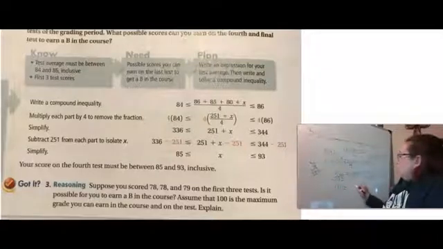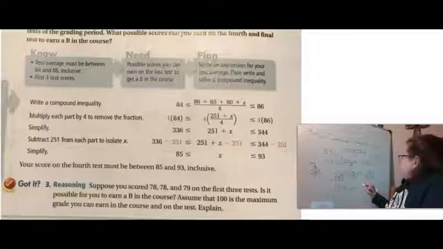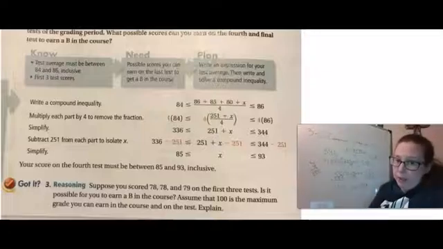Looking good for a B here. When we subtract over here, so unfortunately, we would have to get somewhere between a 101 and a 109.